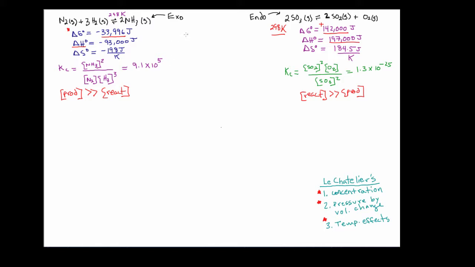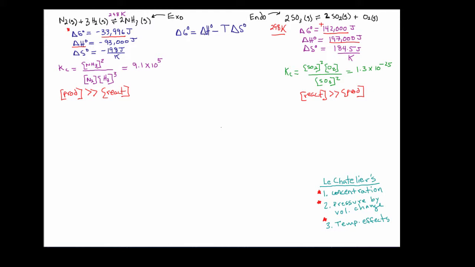So the delta G, and this is going to be true for both reactions, so maybe what I'll do is I'll put this in the middle over here. So delta G naught, this value, which controls the equilibrium positions of both of these reactions, is equal to delta H naught minus T delta S naught, right?